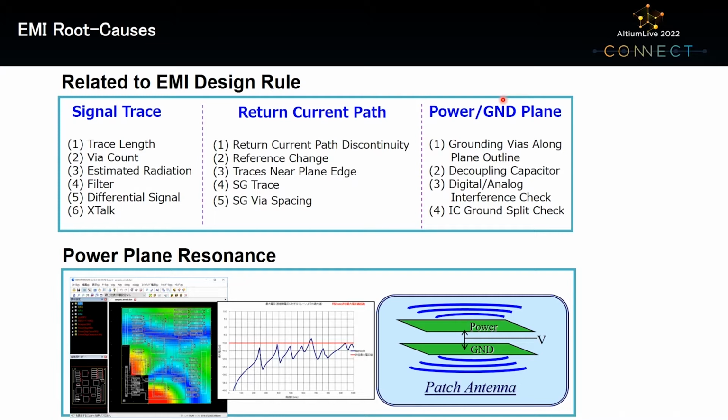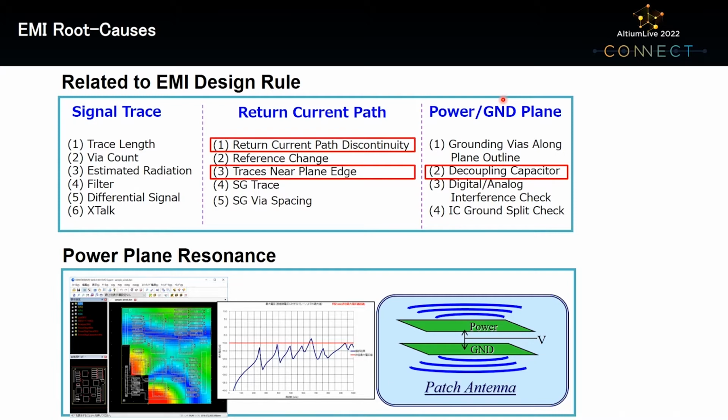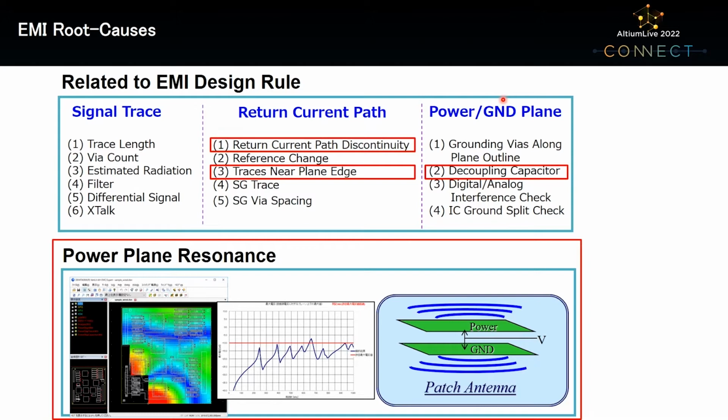Today, I will explain the most important EMI design rules: return current path discontinuity, traces near plane edge, and decoupling capacitor, and show you their basic knowledge and how to solve EMI issues. I will also explain power plane resonance, why plane resonance occurs, and how to mitigate the plane resonance to reduce EMI.